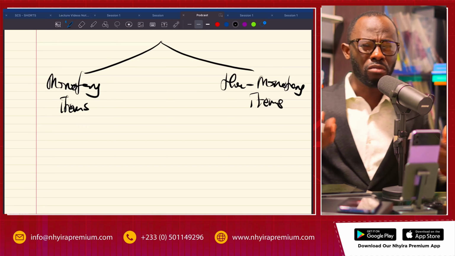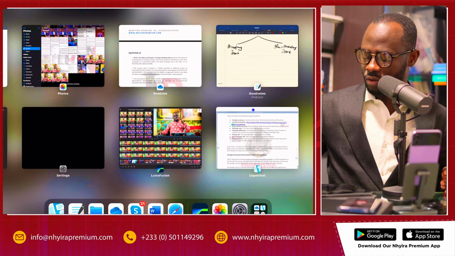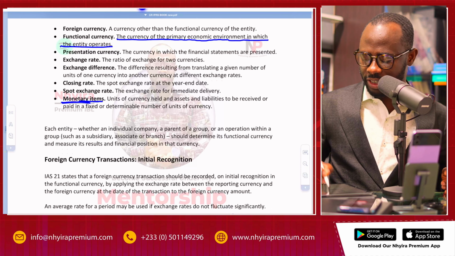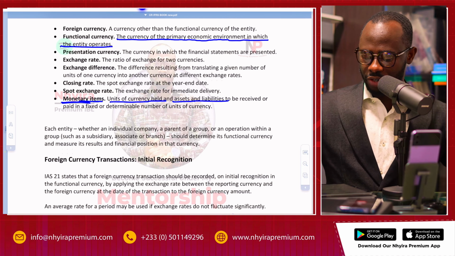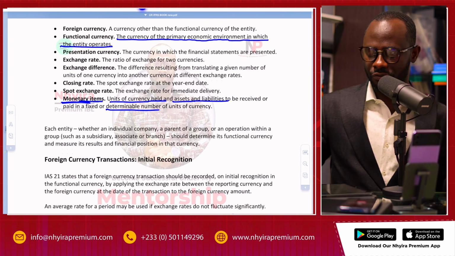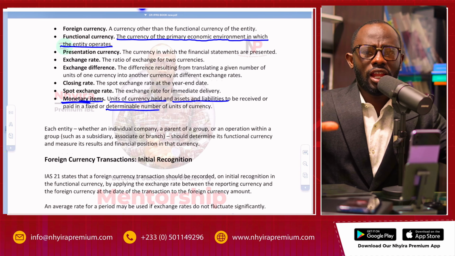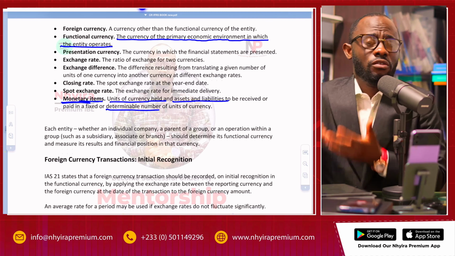So when we say monetary items, what do we mean? Let me give you a one-liner definition. A monetary item is a unit of currency held, and assets and liabilities to be received or paid in a fixed or determinable number of units of currency. In simple language, monetary items are things that can be converted into cash.